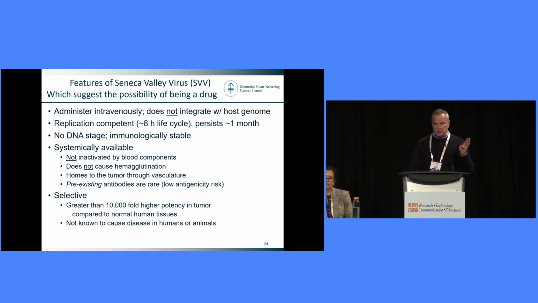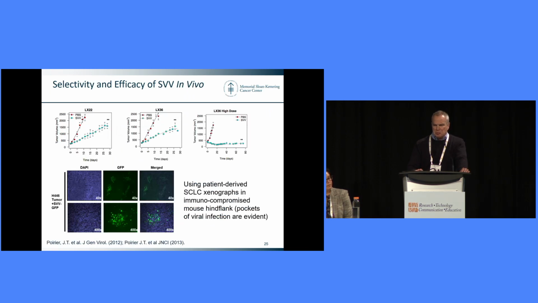Beautifully, it homes to the tumor. No matter where you inject it, pre-existing antibodies are low. And the fact that always blows me away is it has greater than 10,000-fold selectivity for the tumor over normal human tissues, and not known on its own to cause disease. So these are very favorable characteristics that suggest it could be a drug.